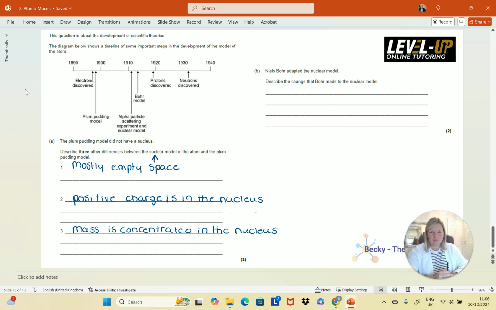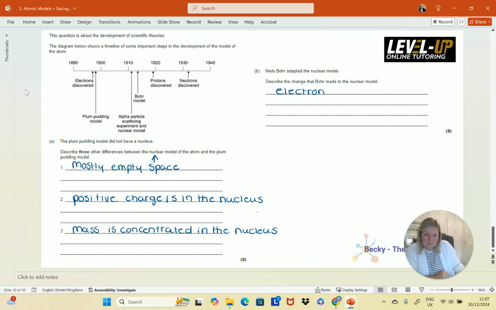Okay, and then the final question: Niels Bohr adapted this model. So we've got to the nuclear model by what Ernest Rutherford did. Niels Bohr slightly adapted that nuclear model. Describe the change that Bohr made to the model. So he changed that the electrons orbit the nucleus.